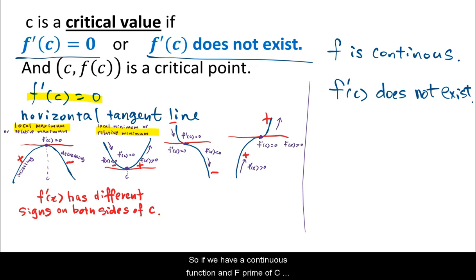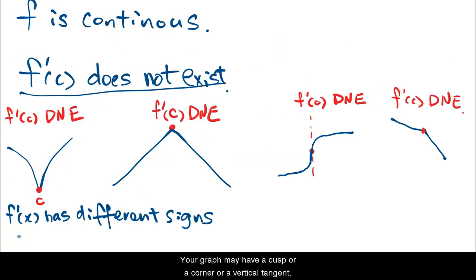So if we have a continuous function and f prime of C does not exist, your graph may have a cusp or a corner or a vertical tangent. And similar to the previous four cases, if the derivative of f of x has different signs on both sides of C, for example, here's negative, positive, or here's positive, negative, then there is a local maximum or local minimum.